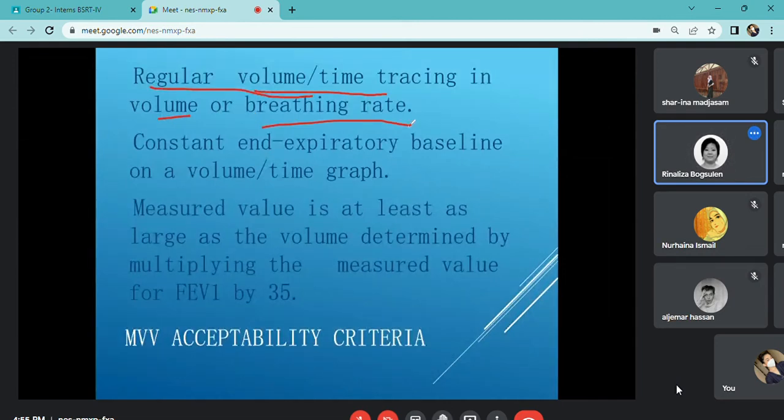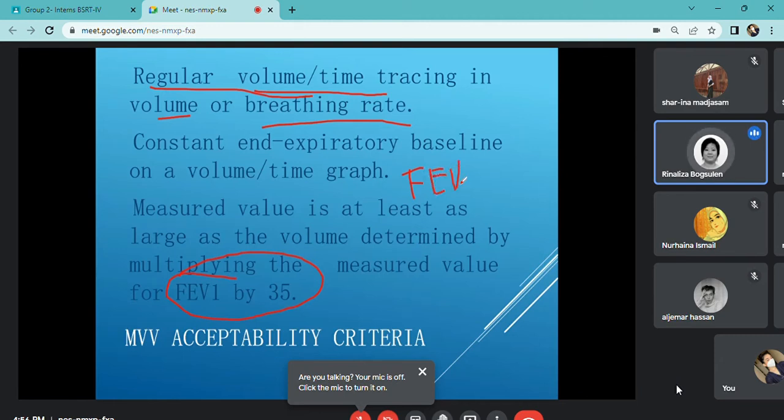There is a constant end-expiratory baseline on the volume time graph. The measured value is at least as large as the volume determined by multiplying your FEV1 by 35. What do you mean by this? You get your FEV1. Where did you get the FEV1? From your FVC maneuver. And then you multiply it by 35.